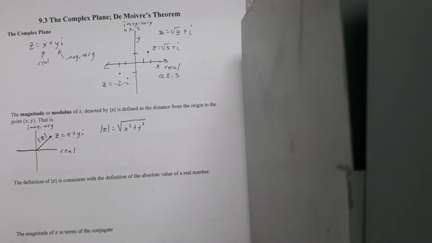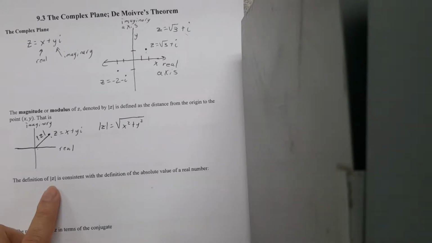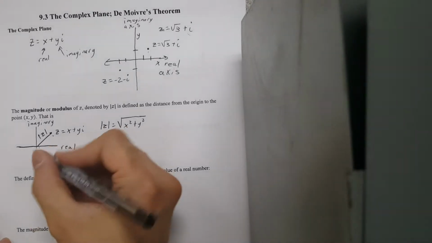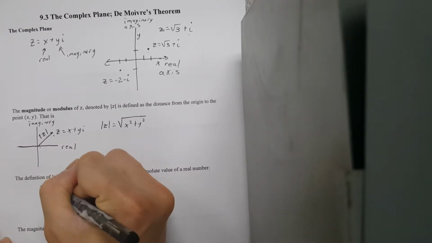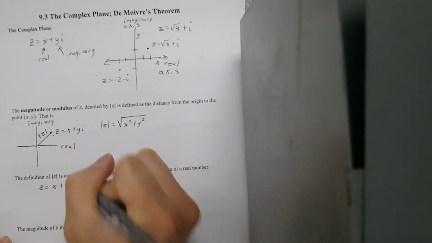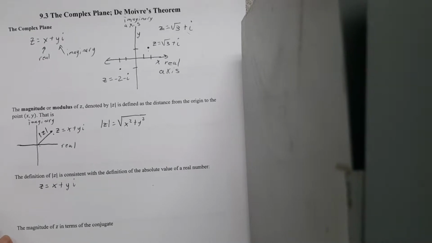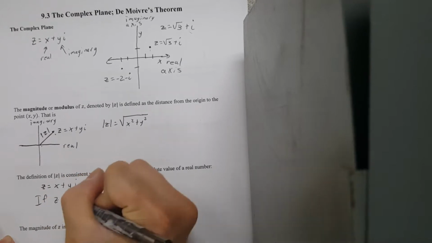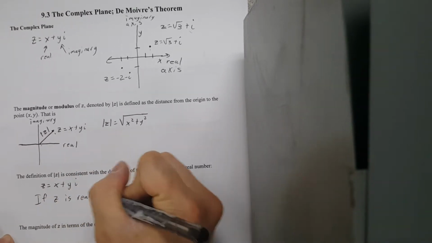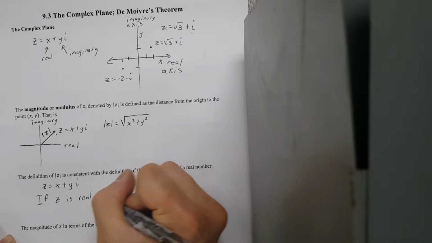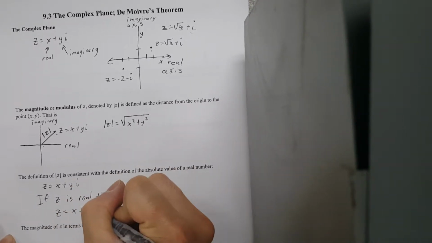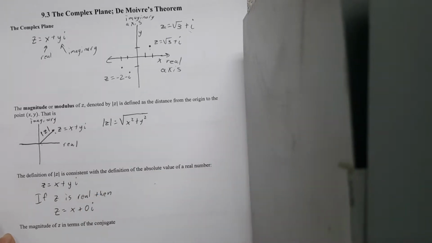And now the definition of the modulus of z is consistent with the definition of the absolute value of a real number. So for example, if z is equal to x plus yi, if z is real, then z is equal to x plus 0 times i, because there's no imaginary part.